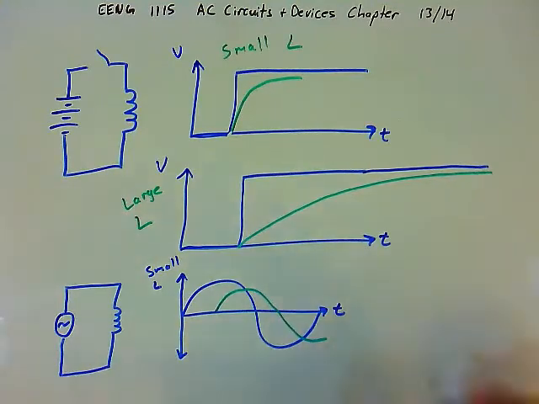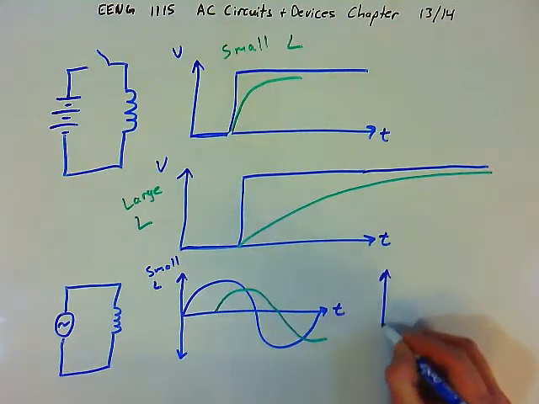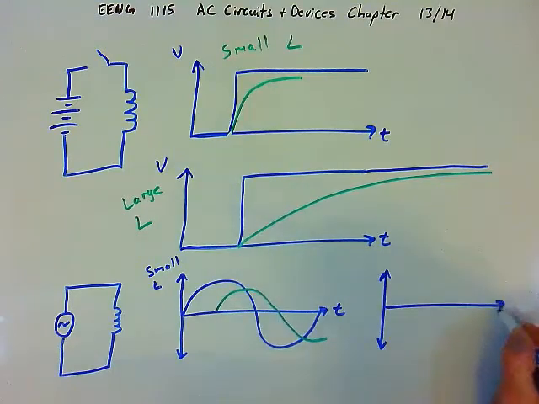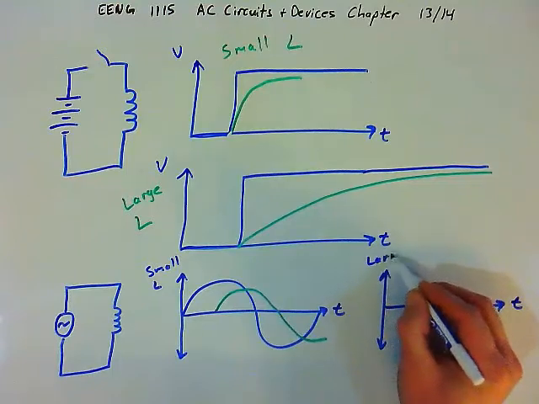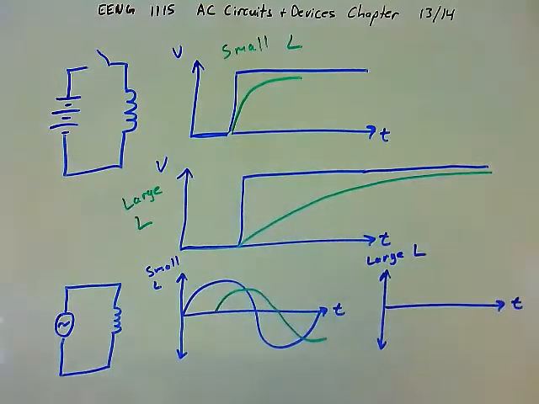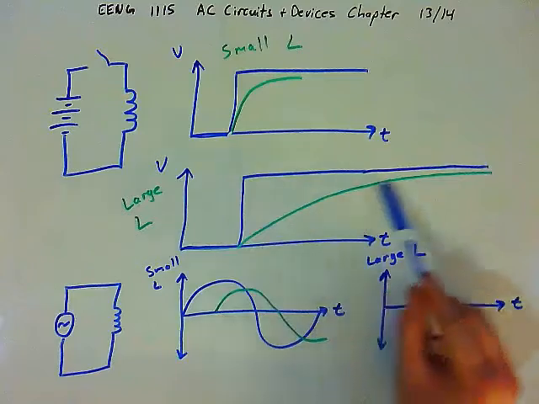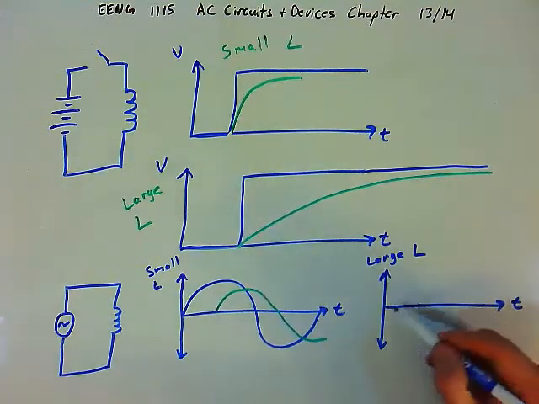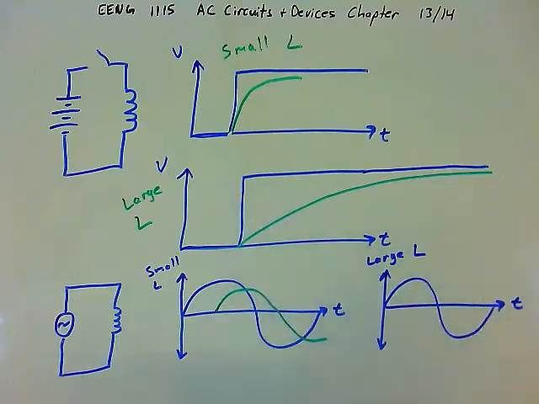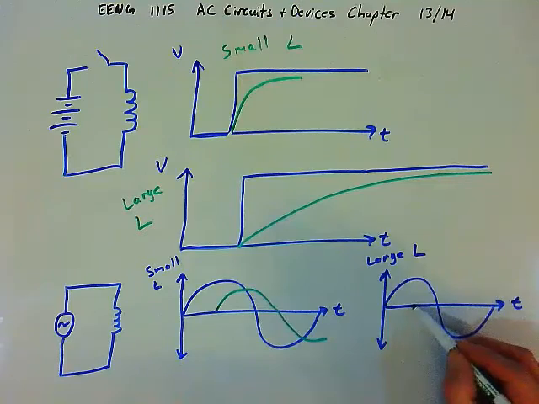What would happen though if we had a large inductance? Well, when the inductance is large, the current needs more time to rise. And so if the voltage again is a sine wave, and we have a large inductance in the circuit, the current only rises a little bit.